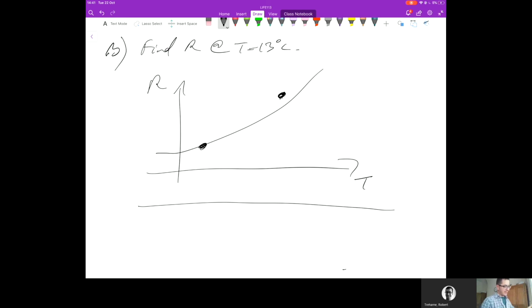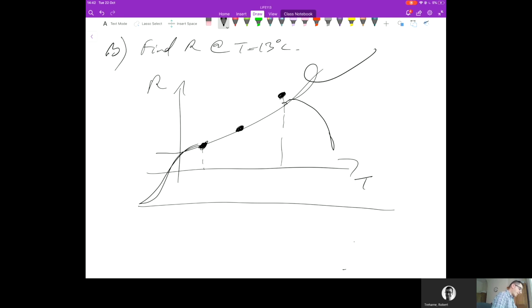But I've only really said that this relationship is true between these 2 points. Let's assume that that's true. So if I take another point somewhere here, then that's fine. But I don't know what's going on over here. So it could be doing that, or it could be doing that, or that. It's not doing that.